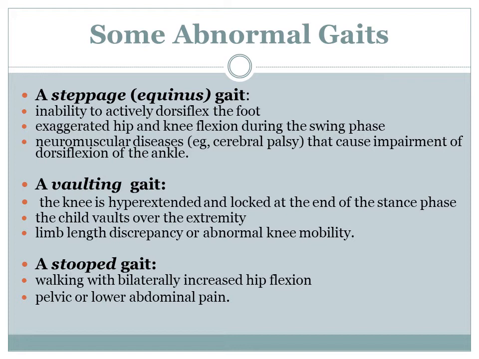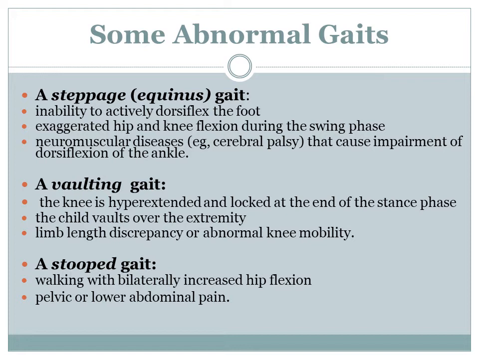The fourth type is called a vaulting gait. In the vaulting gait, the condition is different from the steppage gait, of course, in which the knee is hyperextended and locked in extension at the end of the stance phase. So there will be inability to flex the knee smoothly.